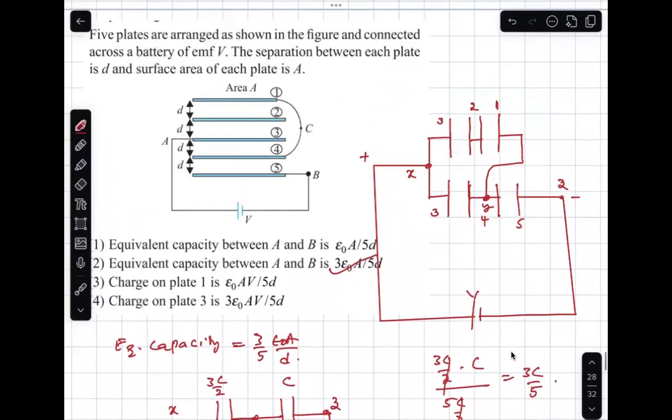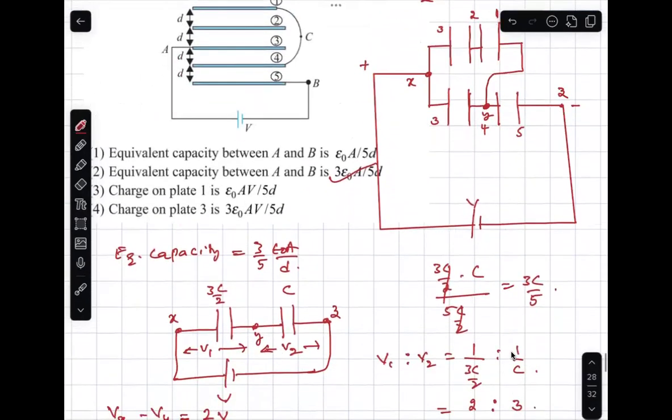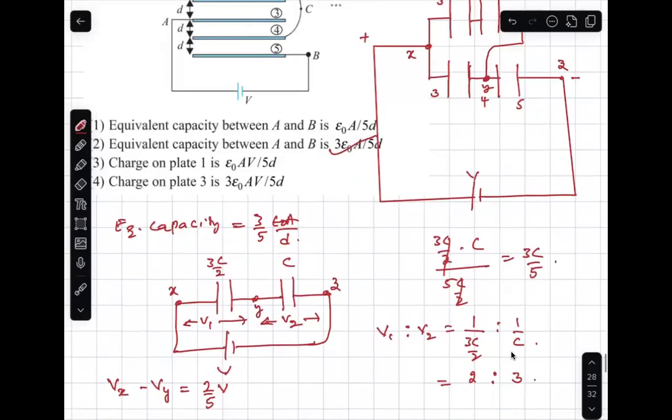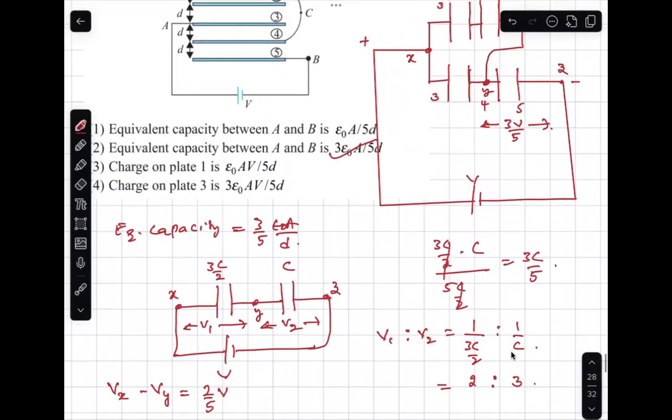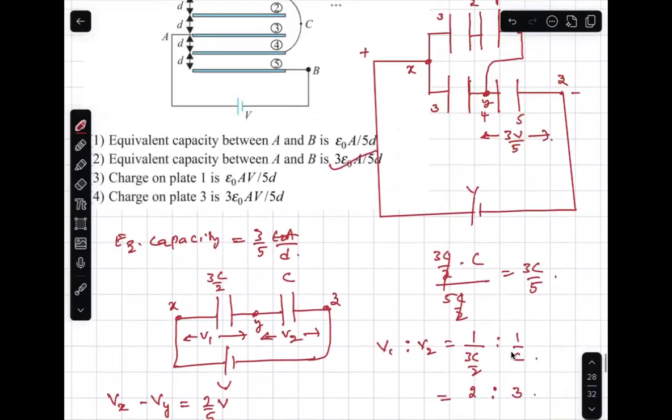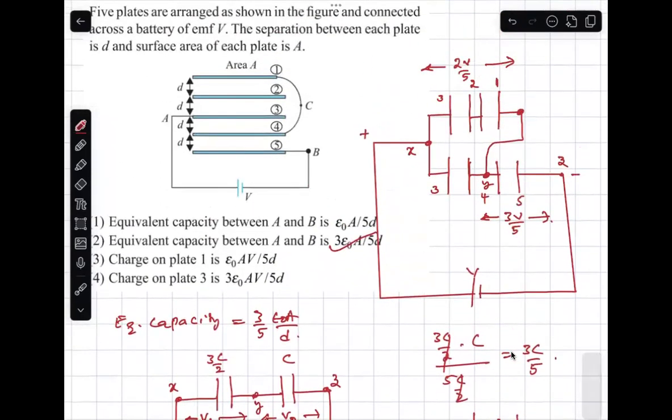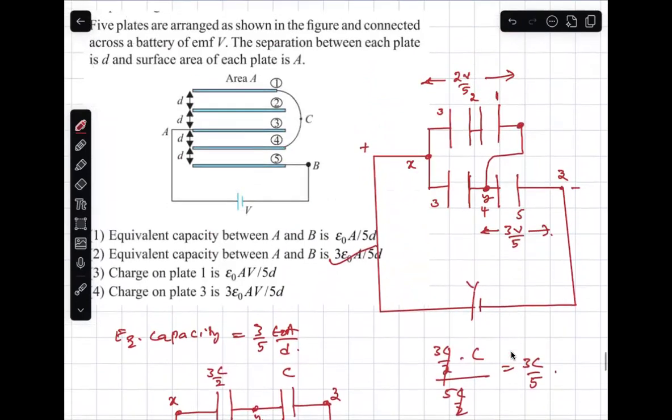Now across this combination, you will have 2V by 5. Across this combination, you will have 3V by 5. Aha, okay. What is the charge? What is the charge on the plate 1? No issues. You want the charge on the plate 1, right?